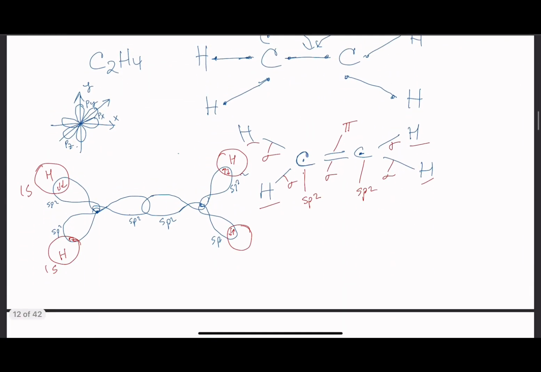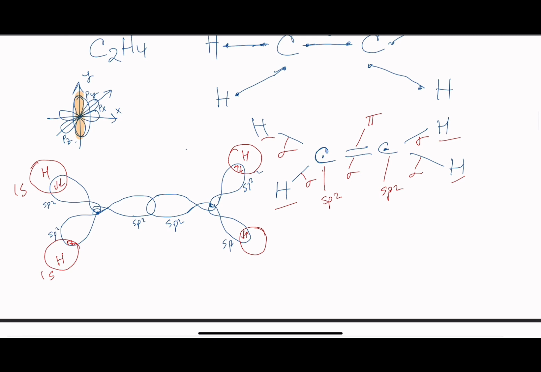And then I told you that p orbitals were looking like this. Okay, so I'm gonna draw the p orbital in here. This is the p orbital, and this is the other p orbital, and because each has 1 electron in it, right, they share this 1 electron, and they made a bond from bottom and top.